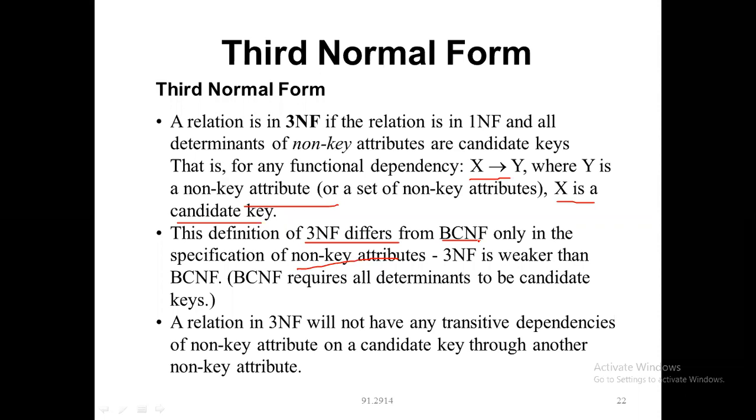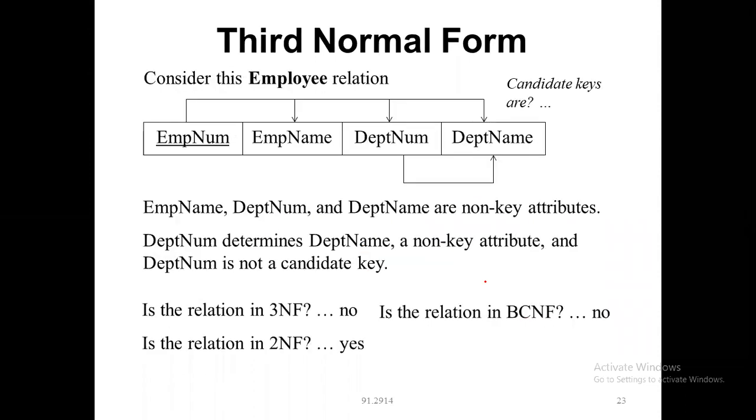Okay, so the relationship in the third normal form will not have any transitive dependency of non-key attributes on a key through another non-key attribute. So how I'll be doing this? This is an example. We consider one example of employee. We have the candidate key of employee number, employee name, department number, department name.